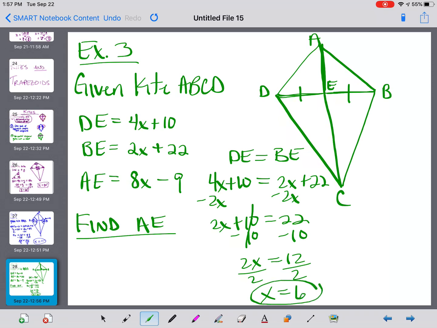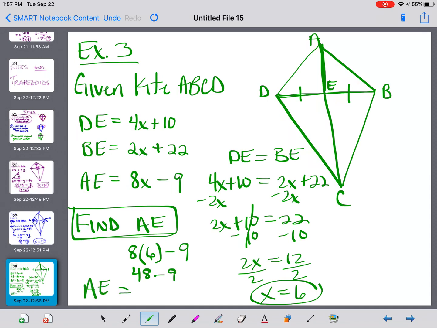Now that we know what x is equivalent to, we want to find the length of AE. If I know that it's 8x minus 9, I can replace the x with a 6. We get 8 times 6 is 48, minus 9. AE gives us a length of 39.